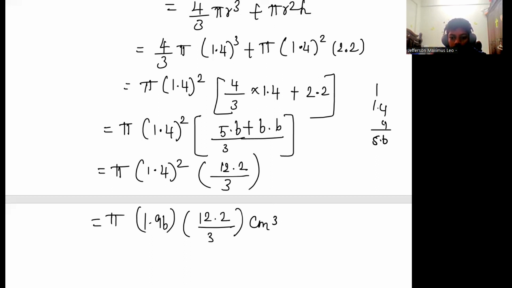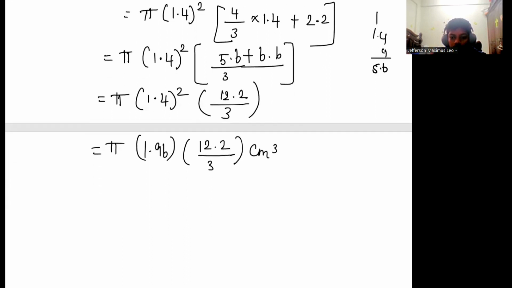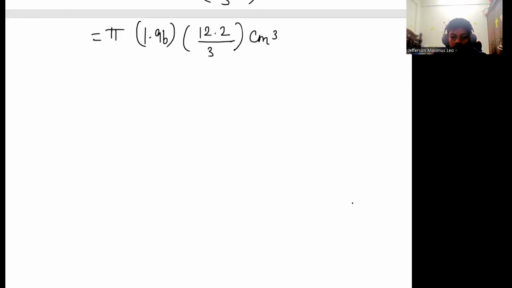This is the volume of 1 gulab jamun. Now the term is multiplied with 45. There are 45 gulab jamuns. At last we replace pi with 22 by 7, and the decimal multiplication, everything is at the end of the calculation. Okay.